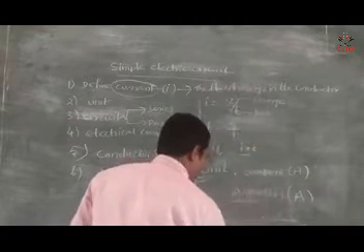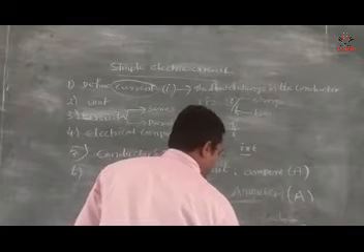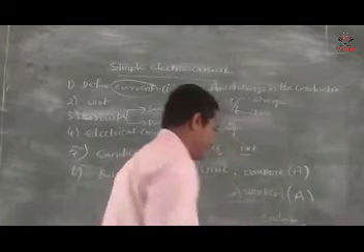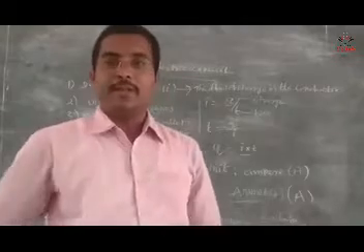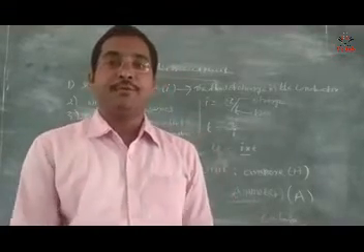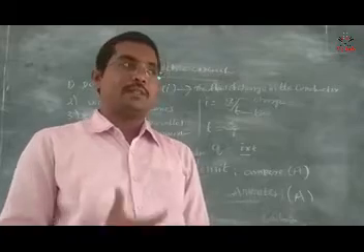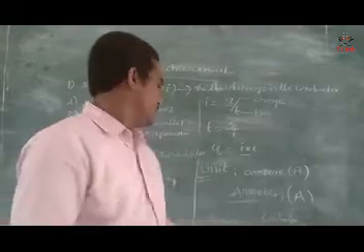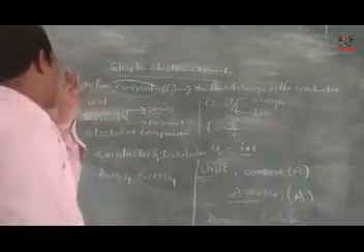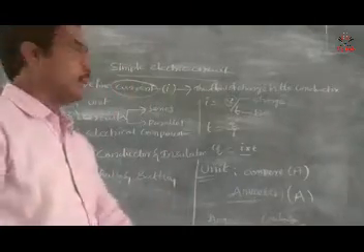Simply, A is equal to C by second. C is nothing but coulomb. What is a coulomb? The unit of charge is coulomb. So C by second. You have to remember that, my dear.